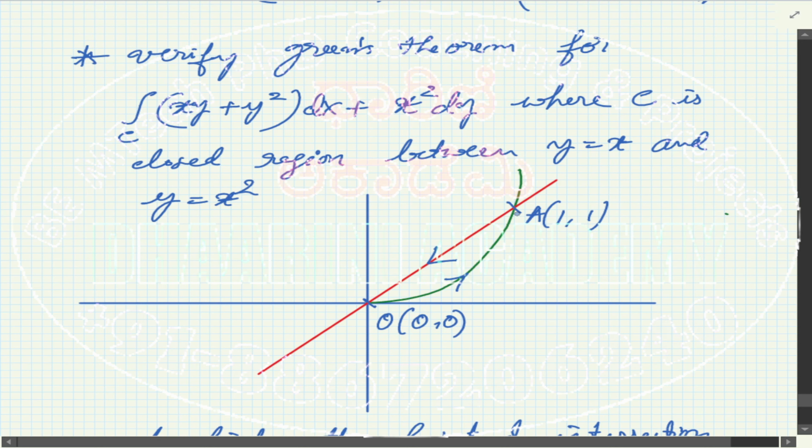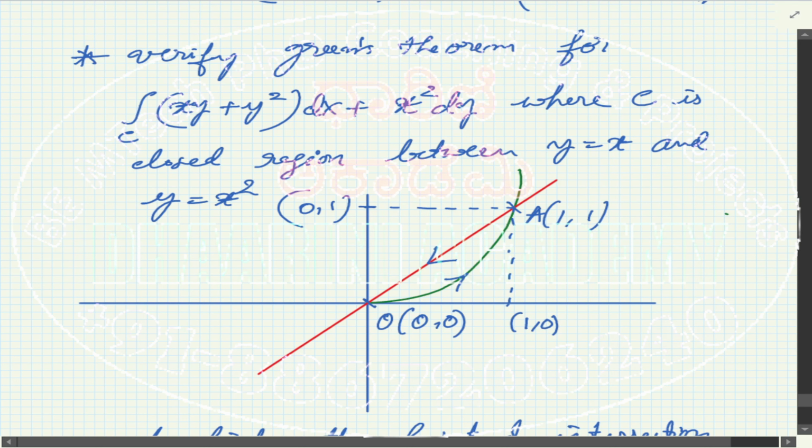So let's also mark some more details about the points. This point is 1 comma 0, and the other point is 0 comma 1. We use them to identify the range of x or y.